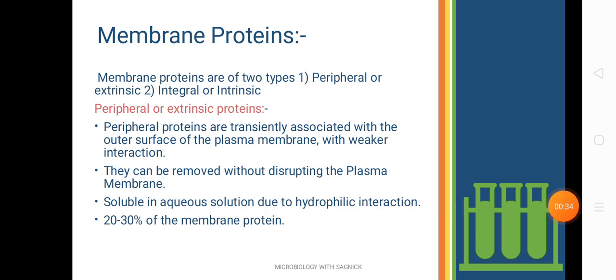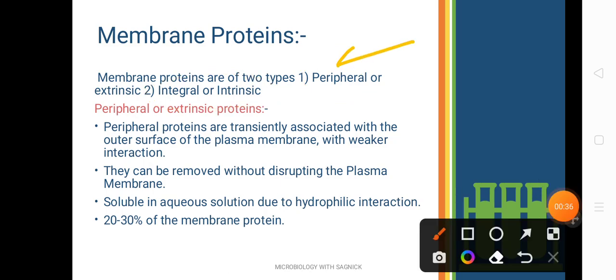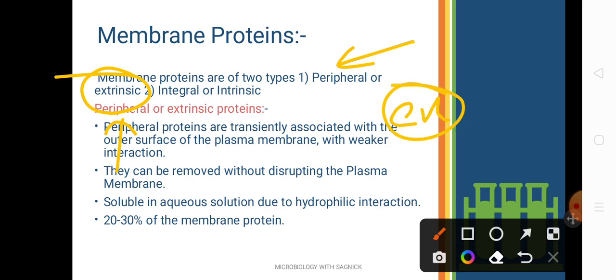Peripheral protein, as its name suggests, is present in the periphery of the membrane, right? And as it is present in the periphery of the membrane, it is sometimes also known as extrinsic. You may remember that ex means outside.